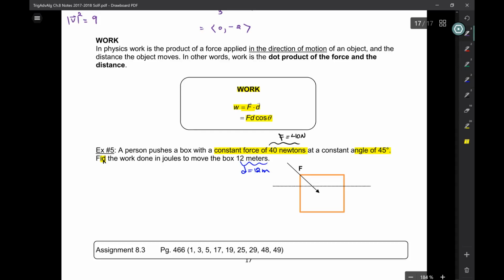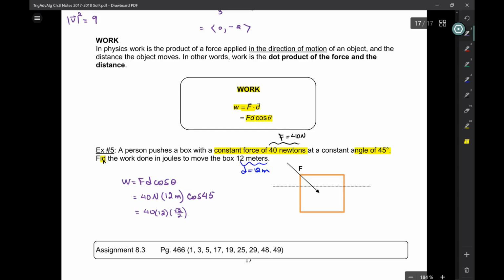Okay? So work, we just said, was FD cosine theta. So this is 40 newtons times 12 meters times cosine of 45. So pretty much that's 40 times 12, and cosine of 45, we know that's root 2 over 2, right?